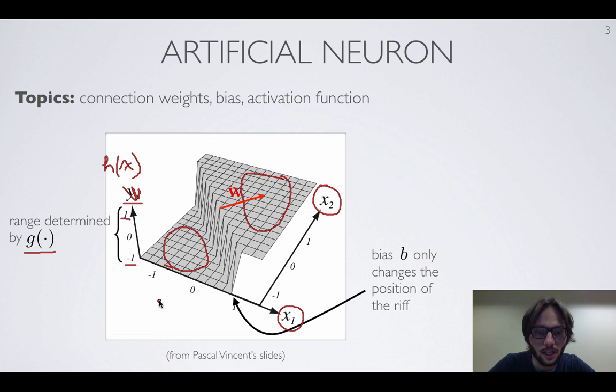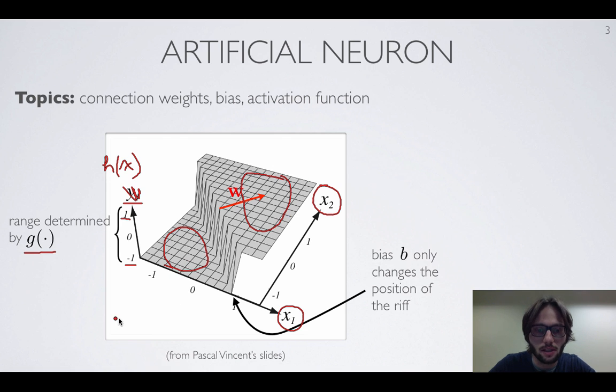So in this particular case, we have an artificial neuron that detects whether some given input point, x1, x2, belongs to this part of the space or this part of the space. So you can think of the artificial neuron as a binary classifier that separates points in one region and some other region.